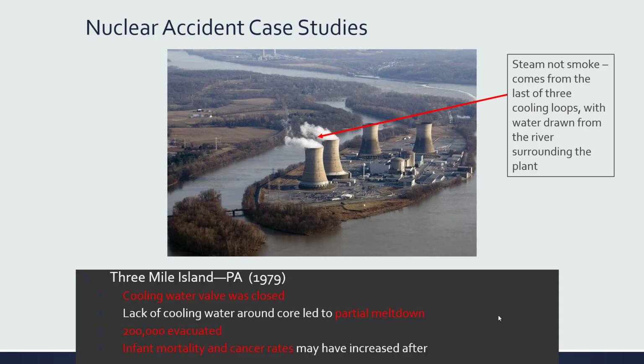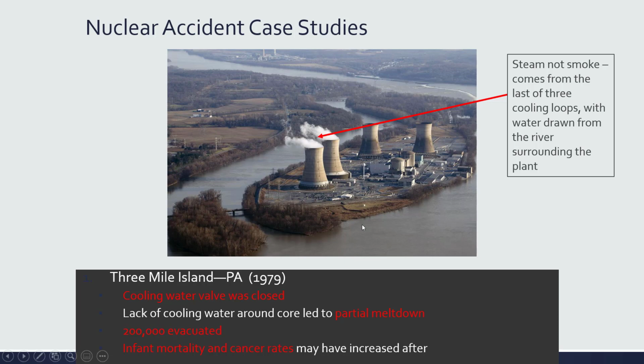The first one is one that happened here in the United States. Three Mile Island. By the way, side note, what you're looking at right here is steam. It's not smoke. All right, and the reason that they have this plant here is because they have all this water to pull from. These are all called cooling towers. This little guy right here, that's where the nuclear power plant is happening.